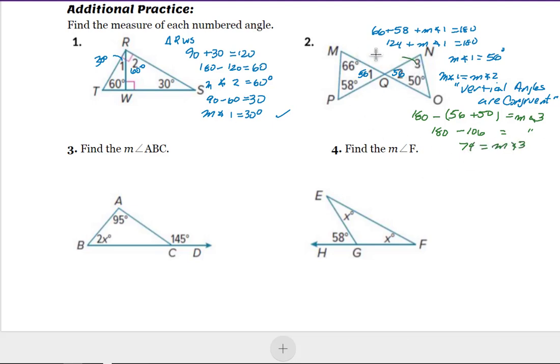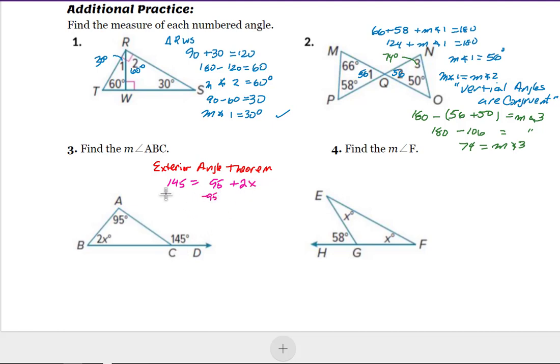Okay, let's look at number 3 then. You want to find the measure of angle ABC. We've got an exterior angle, which is 145, and by the exterior angle theorem, an exterior angle is equal to the sum of the two remote or opposite inside angles. So 2x plus 95 must equal 145.